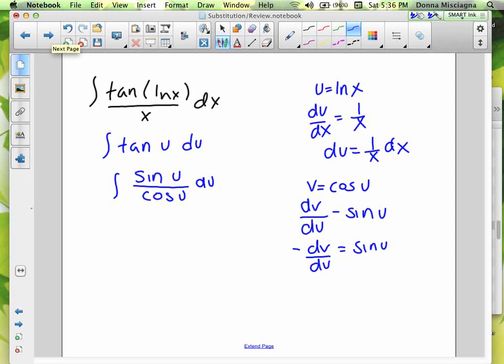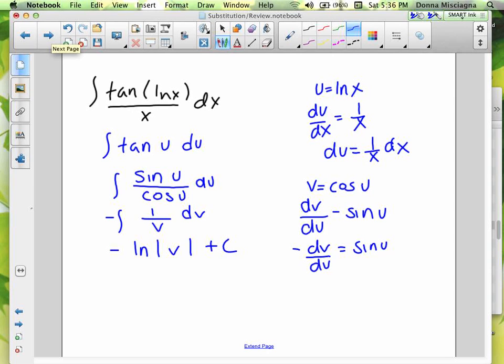So now I'm just going to have negative 1 over v dv. And that's just going to be negative natural log of v plus c.